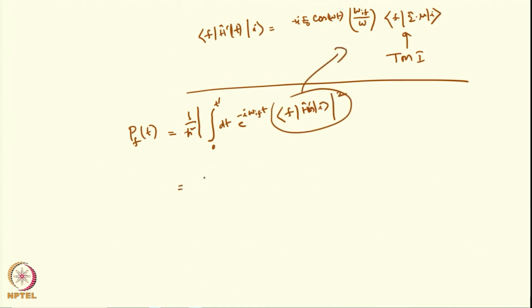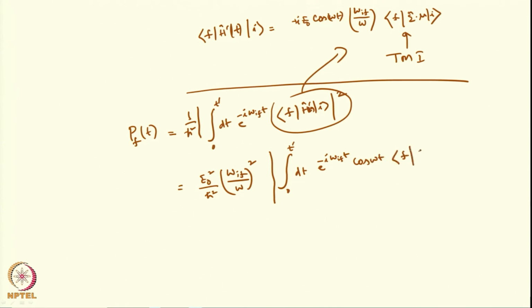So this will be equal to E naught square by h bar square, omega_fi by omega whole square, integral 0 to t prime dt e to the power of minus i omega_fi t cos omega t, integral f epsilon dot mu i whole square.